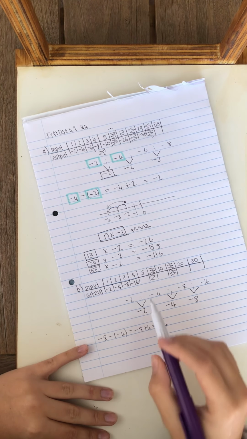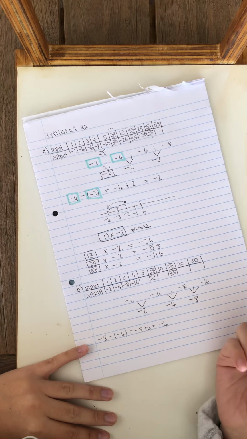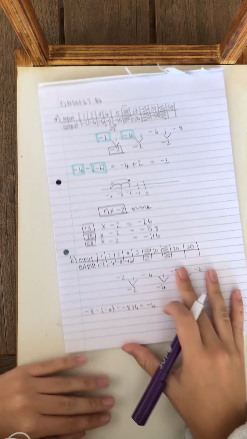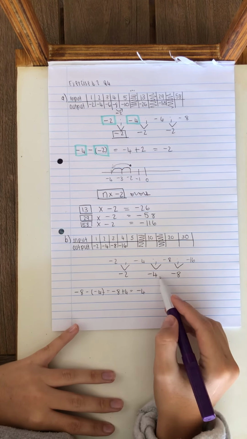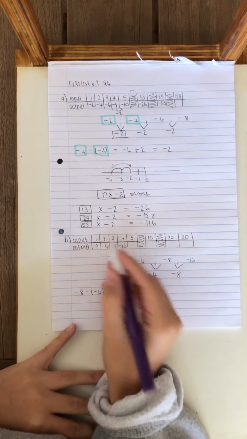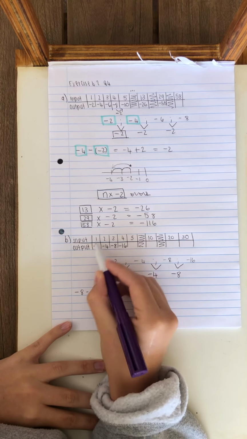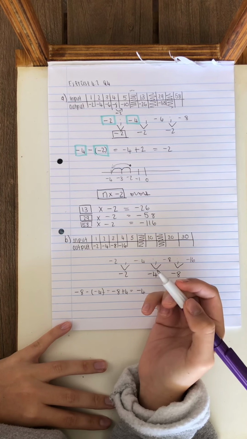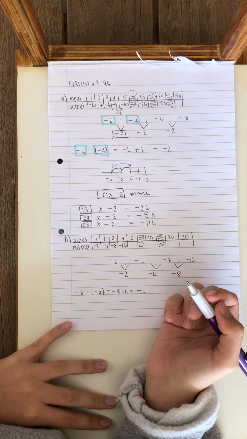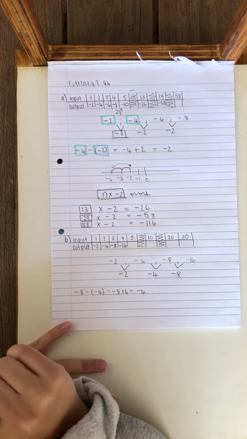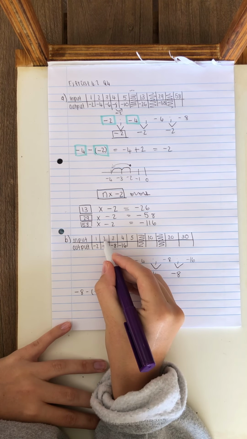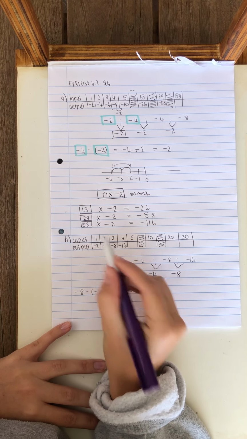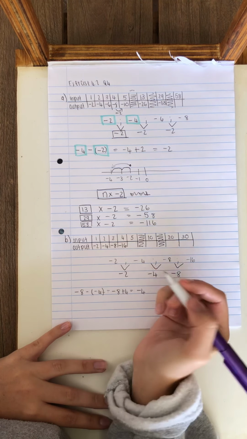Okay, but let me just try and see what could happen. So I've got -2, -4, -8. Let me just look at this and see what it could be. So I could go, let's see, 1 plus, no, that won't work.